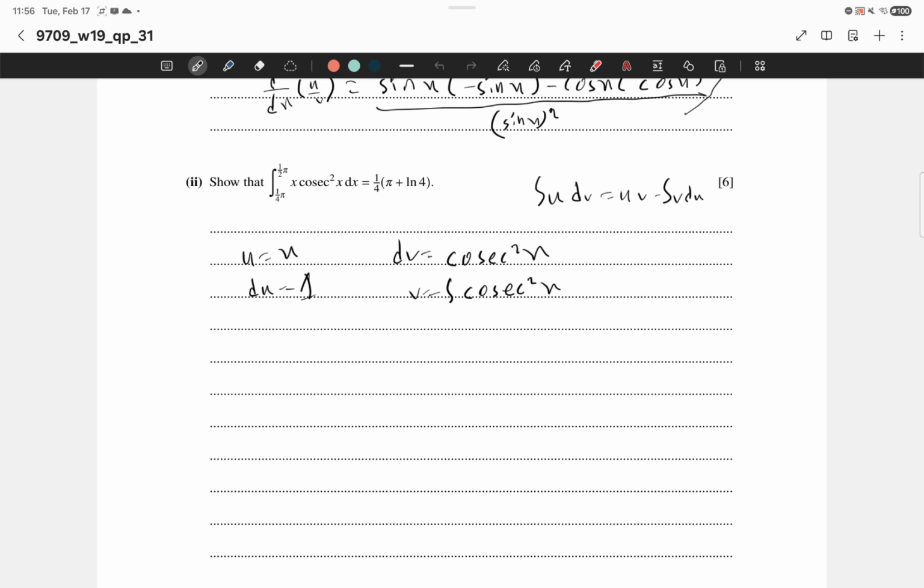Let me just quickly check that. So we can just use the integration of 1 by sine square x, I believe.